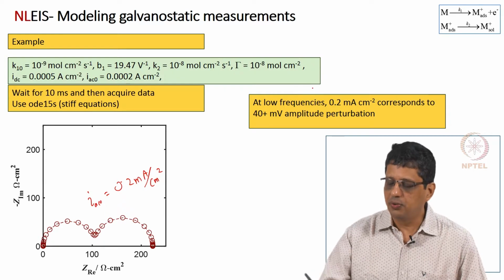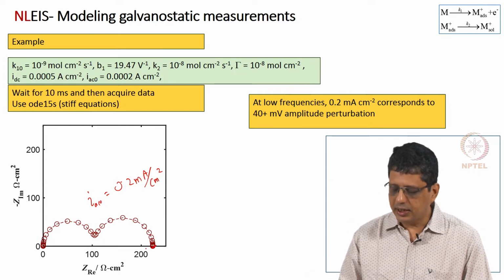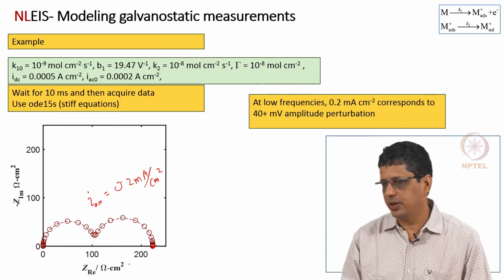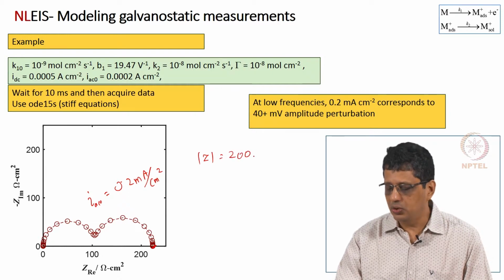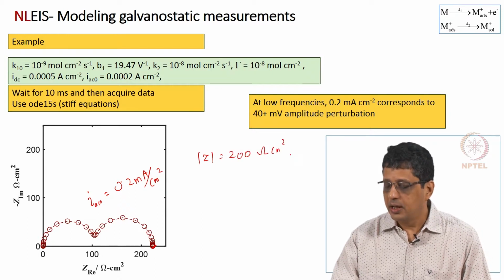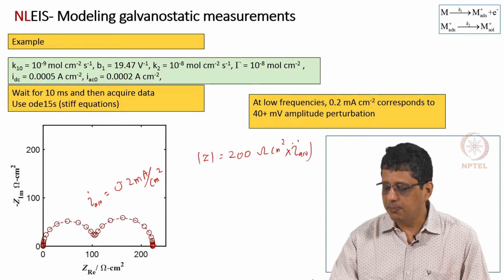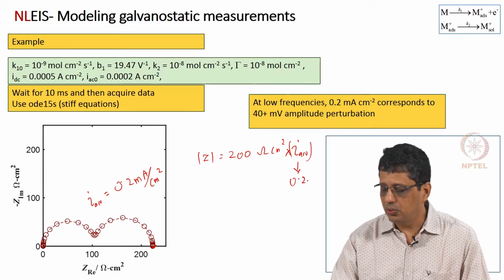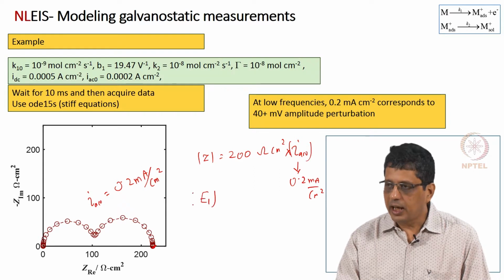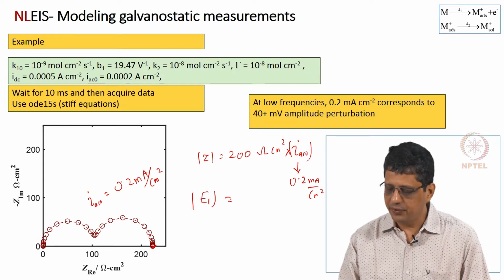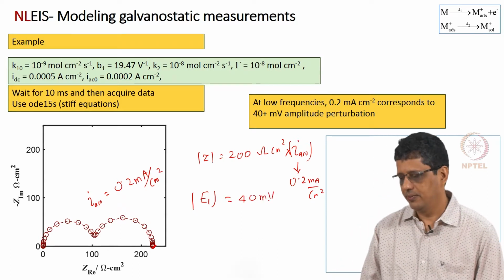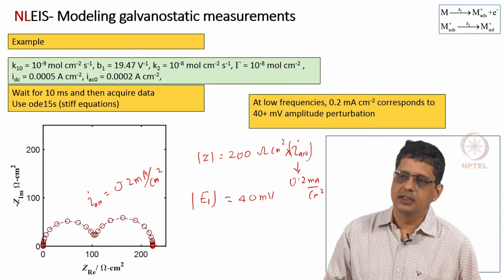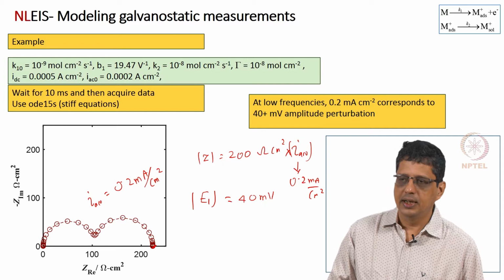I also want you to note the following. Look at the impedance values at low frequencies, it is a little more than 200 ohm centimeter square. So, if we take the impedance magnitude as roughly 200 ohm centimeter square, and the applied current has an amplitude of 0.2 milliamp per centimeter square, the amplitude of this potential oscillation is going to be roughly 40 millivolts. 40 millivolts is usually not considered to be in the linear regime.